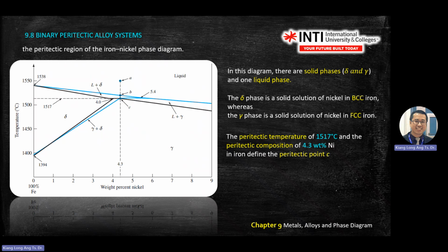Peritectic composition of 4.3% of nickel in iron is defined as peritectic point C, which is here. Okay. So here you read from the graph. Here, L plus delta become gamma, which is this region.